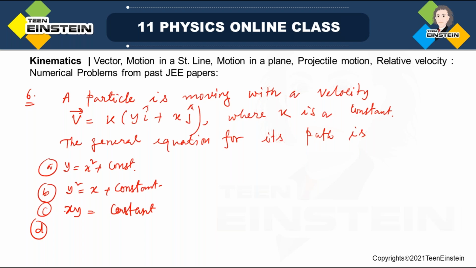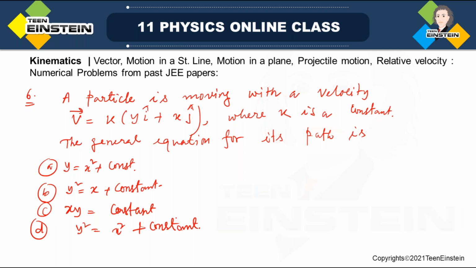And option D, y square is equal to x square plus constant. So you have to find out among these four which one is the correct answer.